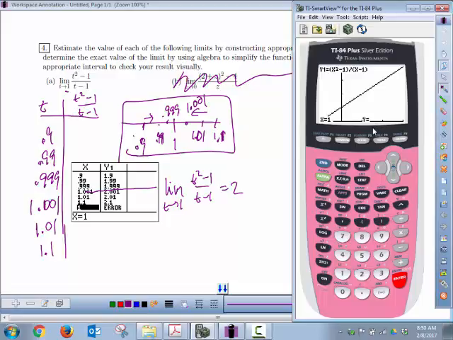From a graphical perspective, though, it looks like if we move a little bit to the left or a little bit to the right of 1, we're still hovering around 2, which is what we saw in our number line.